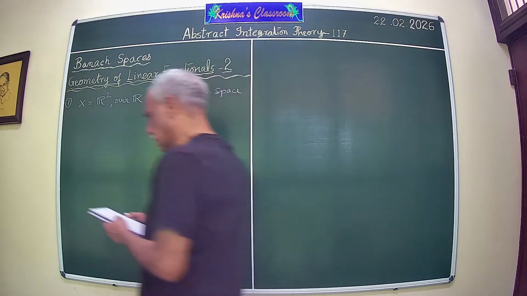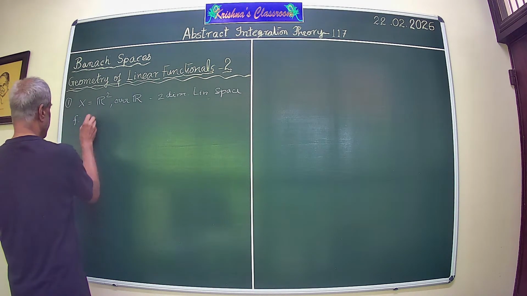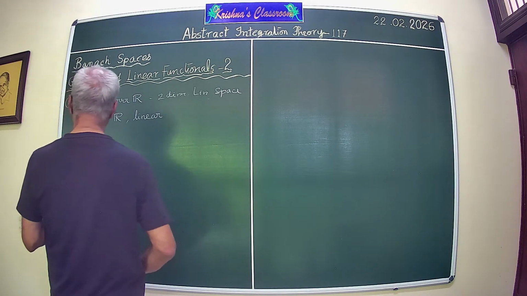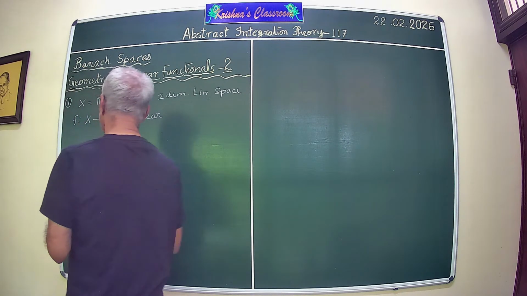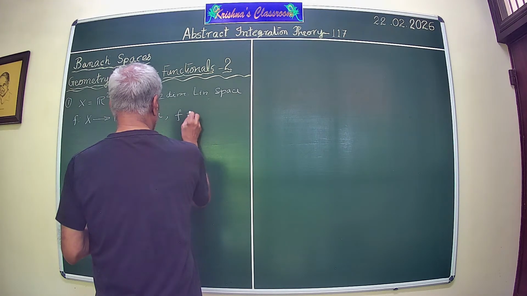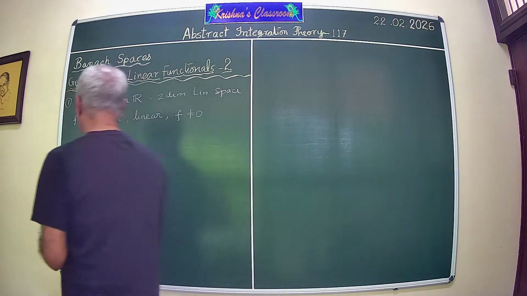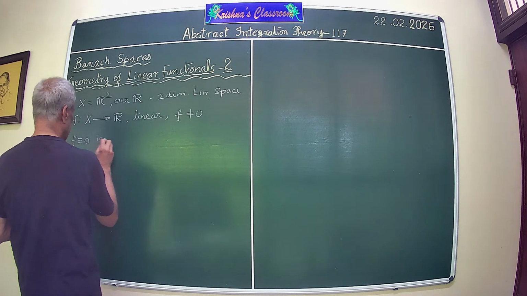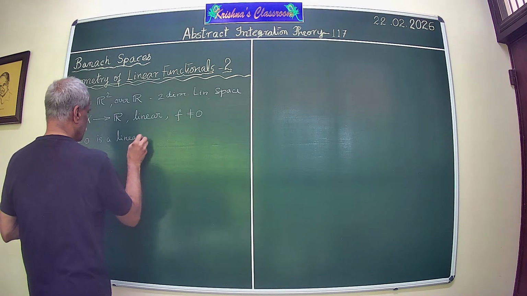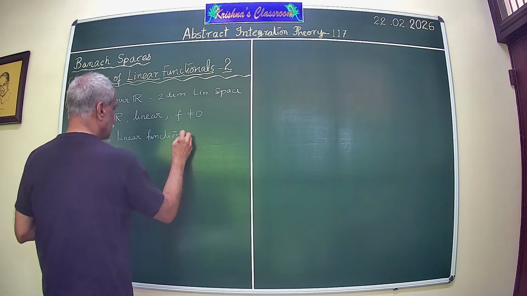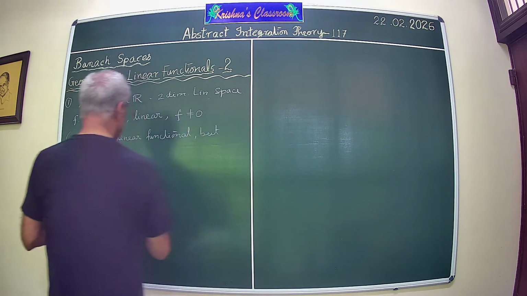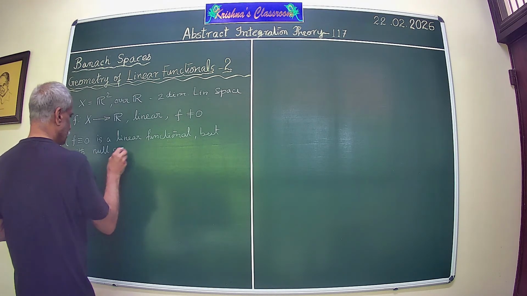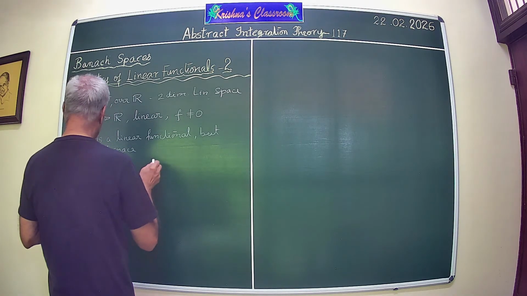Now we have f, a linear function defined from X to R, which is a linear map from X to the associated field R. Before we proceed further, we take the case f identically equal to 0, which is a linear function, but with null space the whole space.